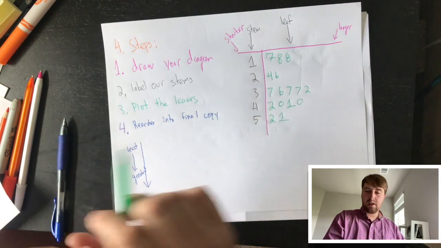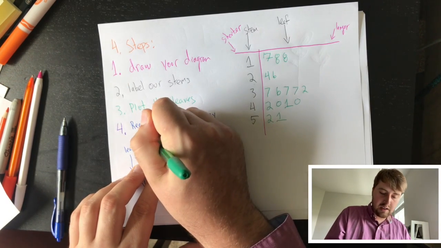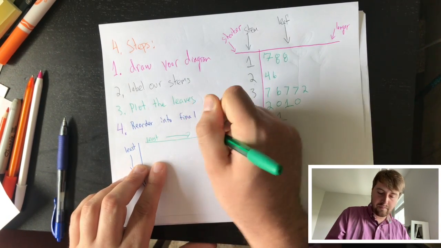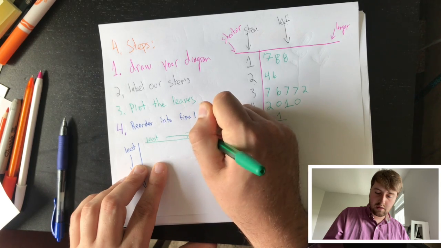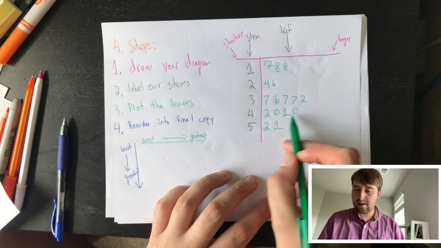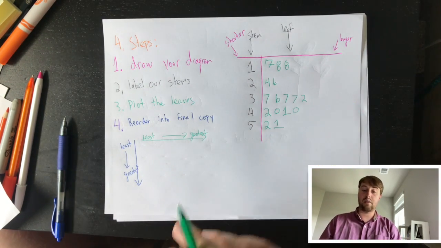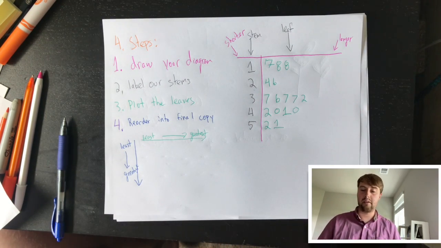And we also want our leaves in order from least to greatest, going left to right. So we have some jumbled around over here. We would make a final copy where we put them all in the right order.